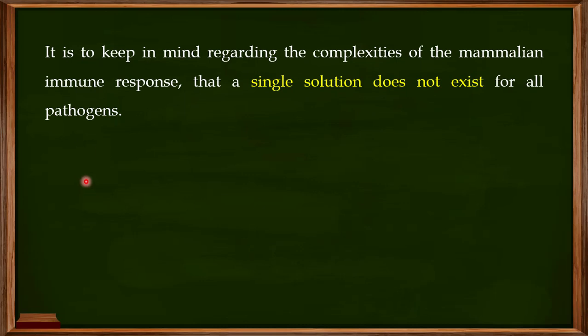Now, if you talk about the immune system, it is important to keep in mind the complexity of the mammalian immune response: a single solution does not exist for all pathogens. A specific immune response is generated against a specific pathogen, and the same strategy that deals with bacteria cannot be applied to fungi or parasites. So distinct immune responses are generated against specific pathogens.